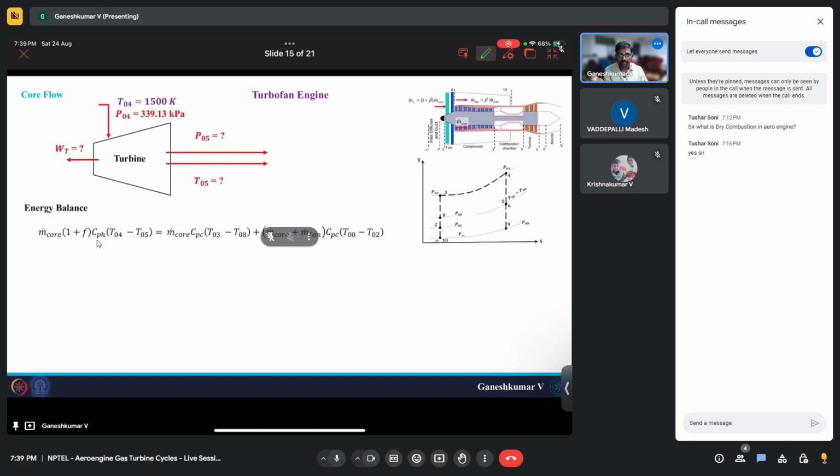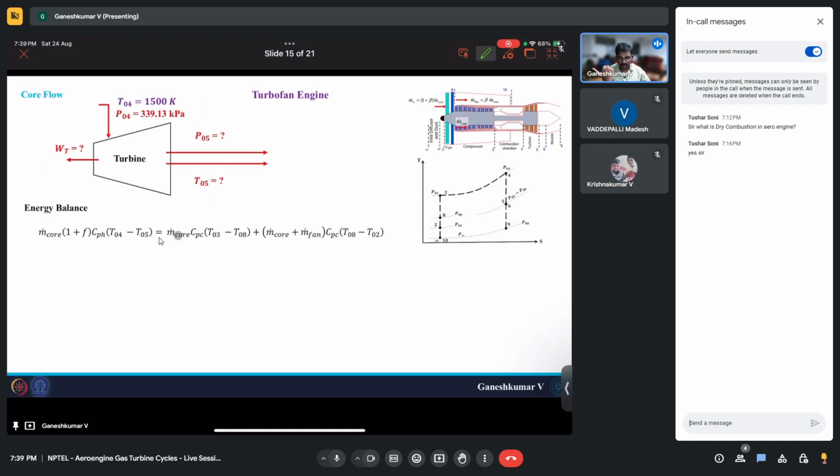The reason is f is the fuel to air ratio, m dot f by m dot core, and it's nothing but m dot core plus m dot f, which is entering the turbine, and when it goes through the turbine it changes its temperature from T04 to T05. So that is what you see here, m dot core (1 plus f) into (T04 minus T05). This is your turbine work extracted from the gases.